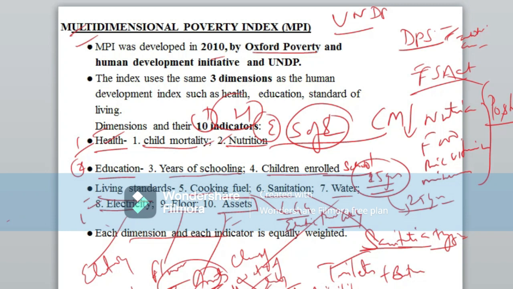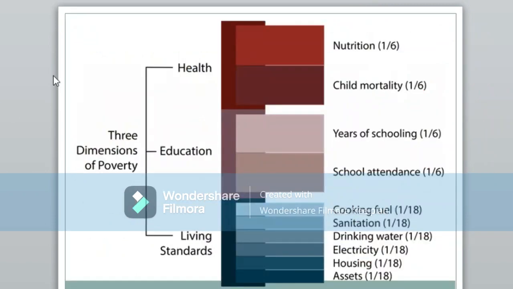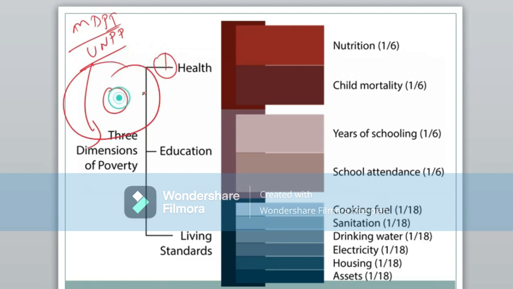Now let us see a graph version of the poverty index. So the Multidimensional Poverty Index by UNDP constitutes three main core dimensions: health, education and living standard. Why health?